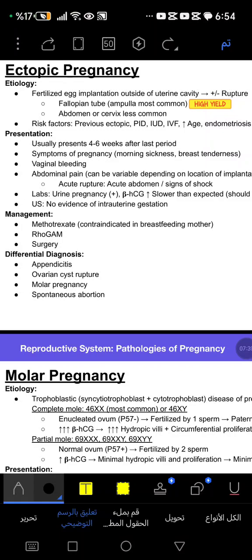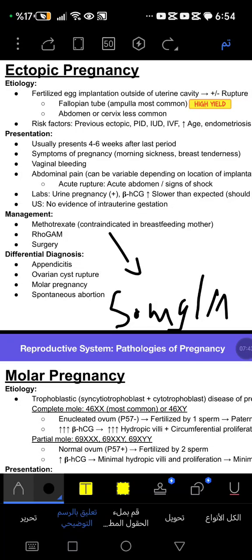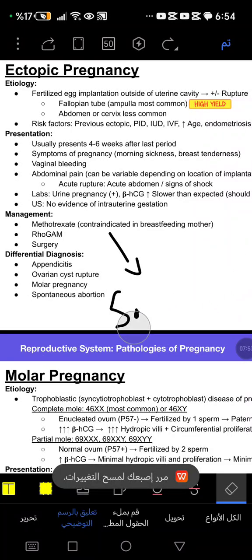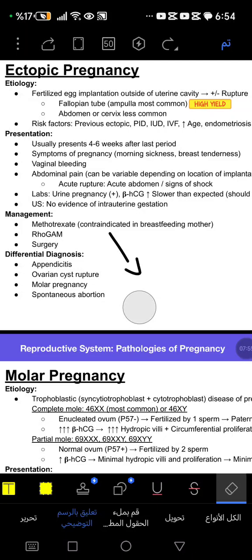The dose of methotrexate is 50 milligrams per meter squared of body surface area. A single dose is given.